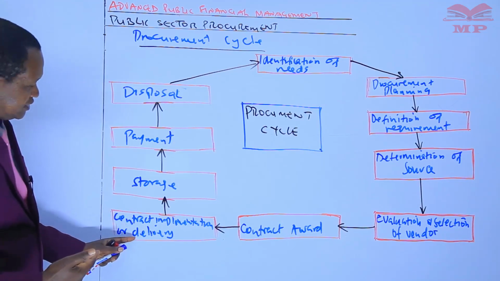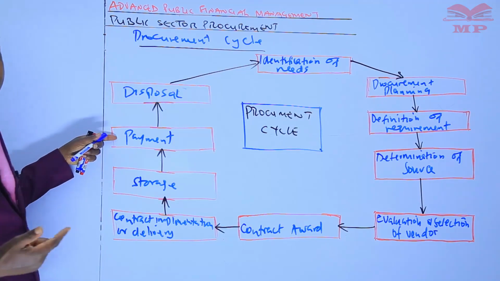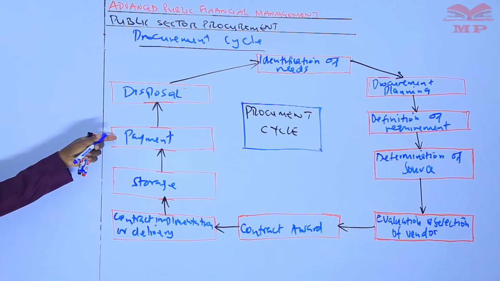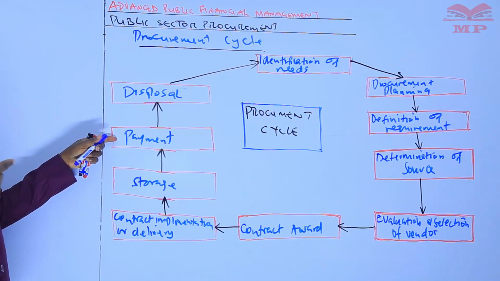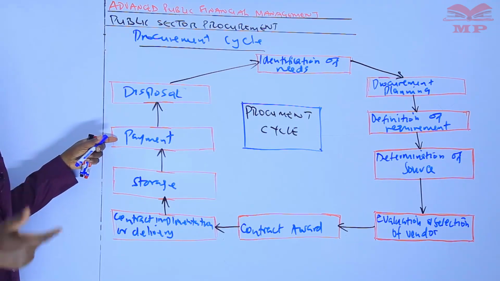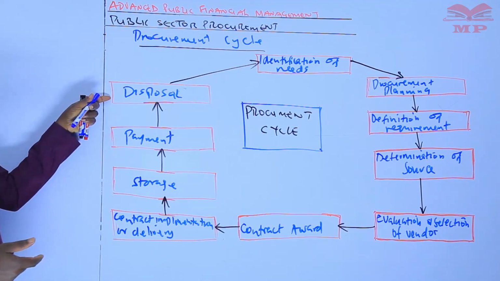After delivery, then you store. Then the next obvious phase is payment. This is the stage at which suppliers are paid for goods, are paid for services, or are paid for works contracted to be delivered. Then finally, the disposal phase.